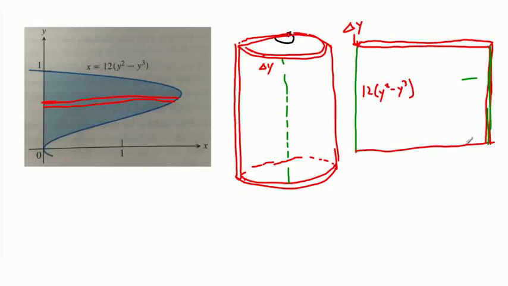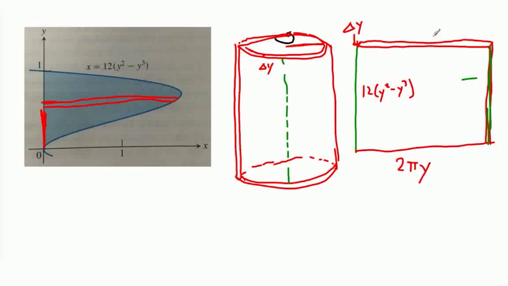And then this length right here is going to be all the way around here. So it's going to be pretty much my circumference, which is going to be 2 pi r. But in my case, this r is going to be this length right here, which is actually just going to be y. So this is going to be 2 pi y.